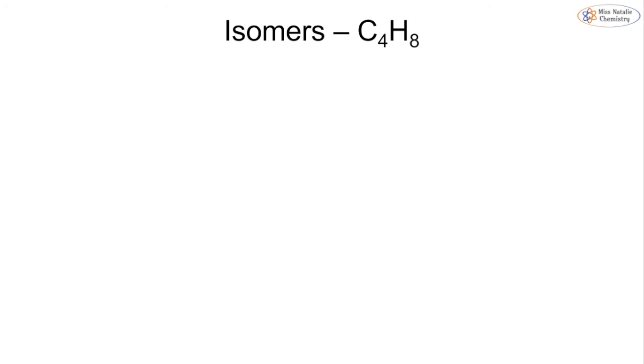So the first one is to draw out my carbons all in a row, and because it is an alkene, at least one of these carbon-to-carbon bonds has to be double, so I'm going to put it right at the start. And then I fill in my 8 hydrogens, making sure that I am completely surrounding the molecule, but making sure that each carbon only has 4 bonds.